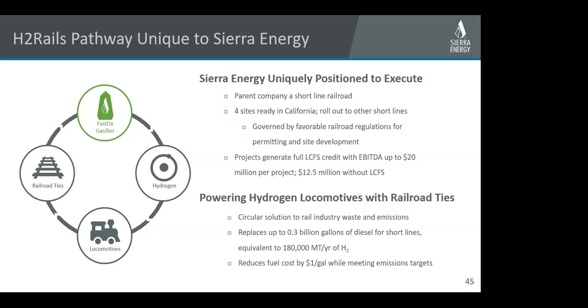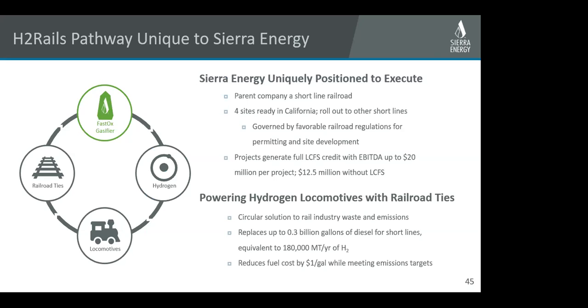One of the ways we're trying to do that is with what we're referring to as the H2 Rails project, where we're taking waste streams, including railroad ties. There's a massive pile of railroad ties contaminated with creosote, and in the state of California, you simply can't dispose of a railroad tie. There is no legal way to get rid of it. The state's attitude is basically to give it to some other state that doesn't mind.